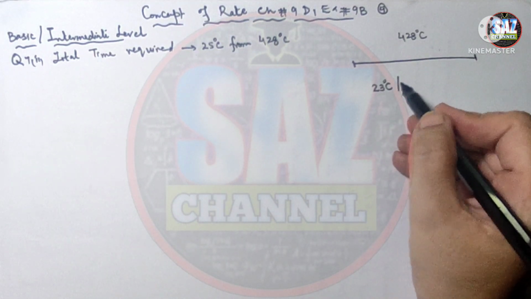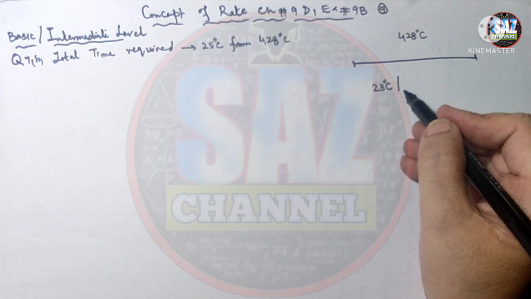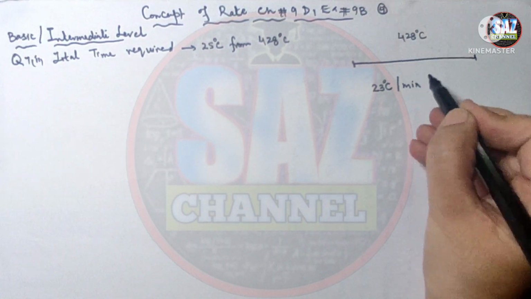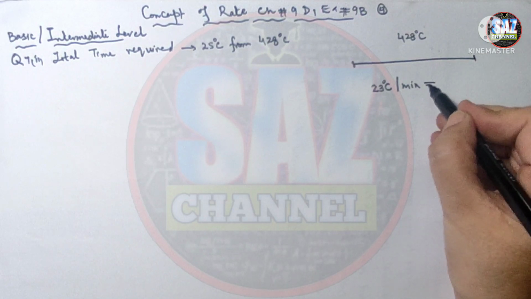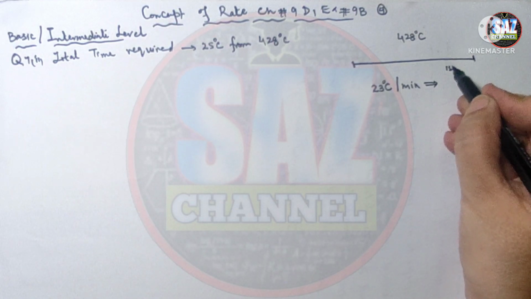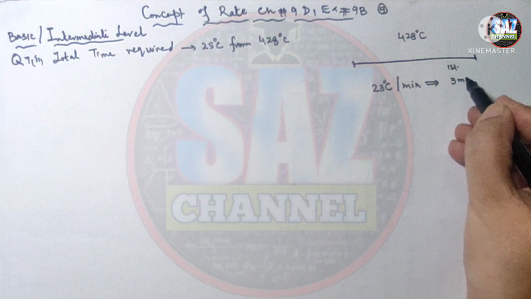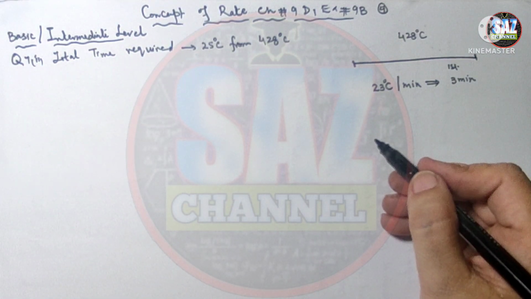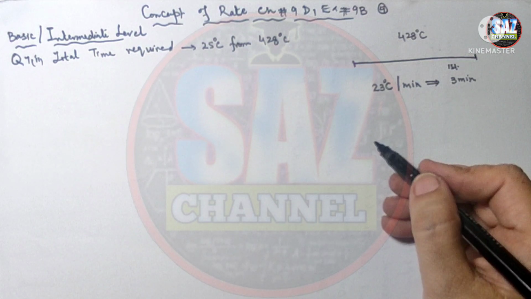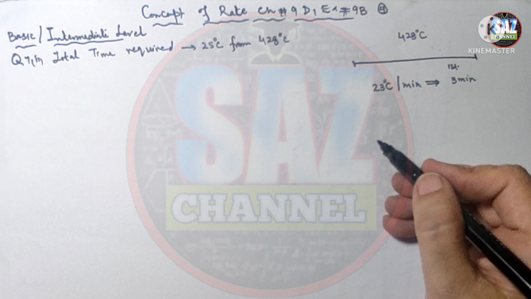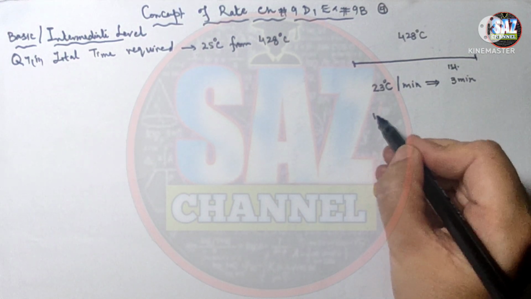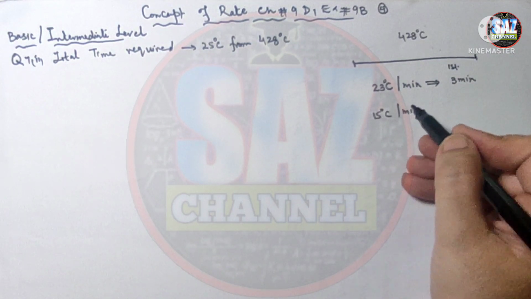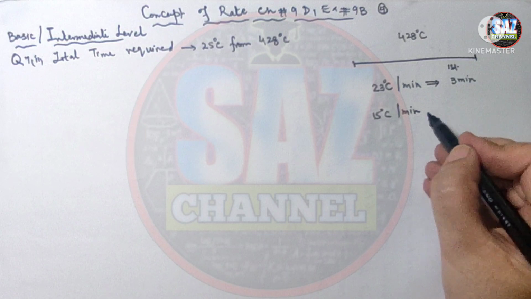Let me see the previous page. Yes, per minute. For how much time? For the first 3 minutes, and then at the rate of 15 degree centigrade per minute for the next 15 minutes.